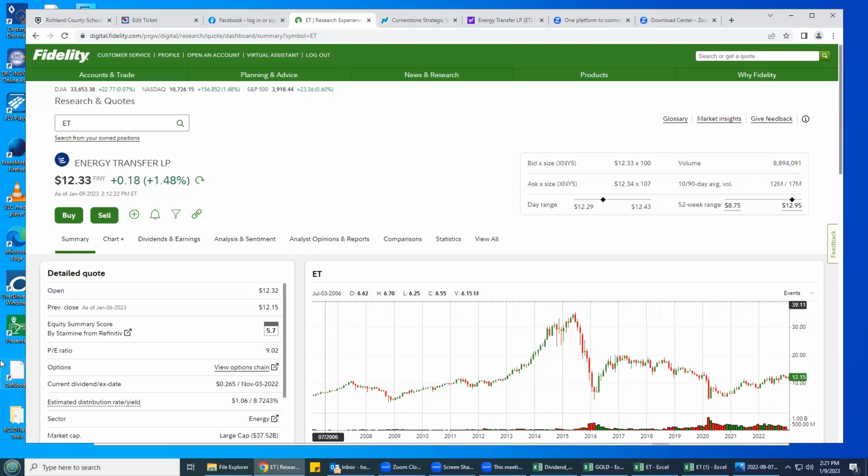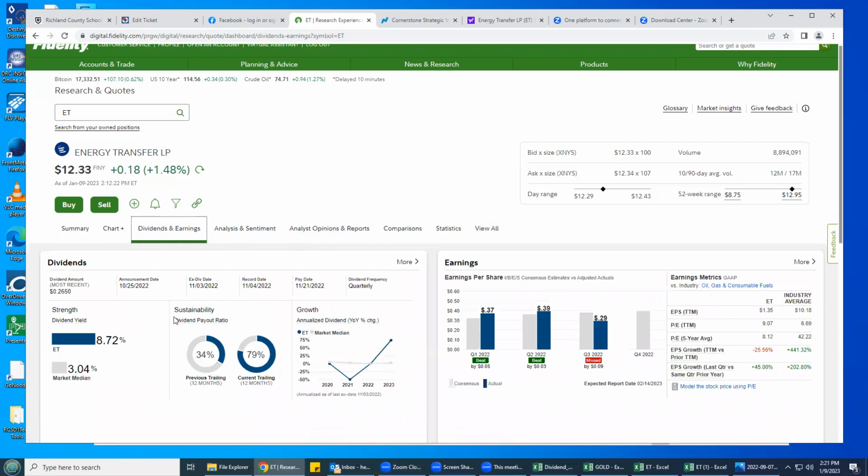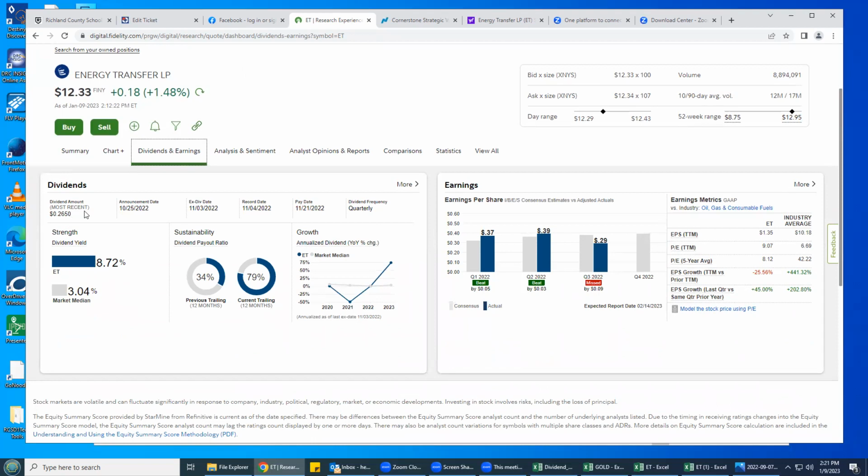So the first one is ET. ET pays dividends quarterly. You need to know if it pays annually, bi-yearly, quarterly, or monthly. But this one pays quarterly. It pays 26.265.